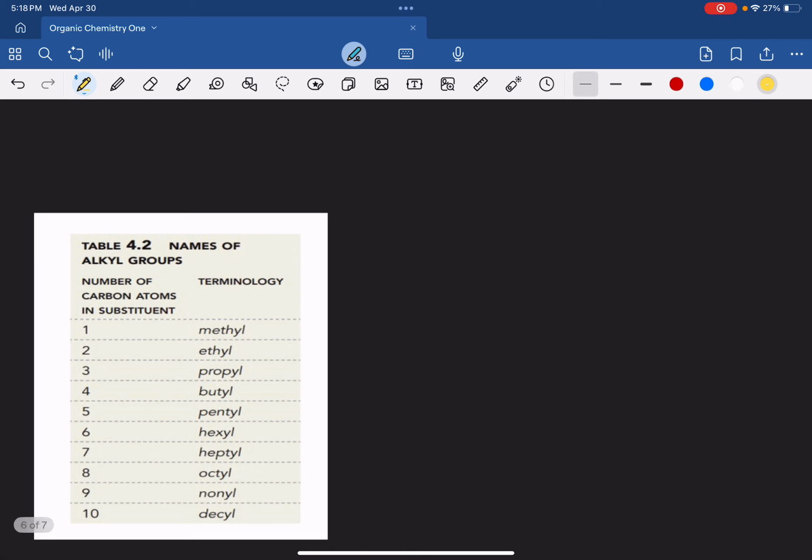We've been talking a lot about branch groups and substituents. Very popular branch group is your alkyl group. So we need to learn how to name these, right? Your alkyl group has the general molecular formula CnH2n plus 1, which means it has one less hydrogen than the corresponding alkane with the same number of carbons.